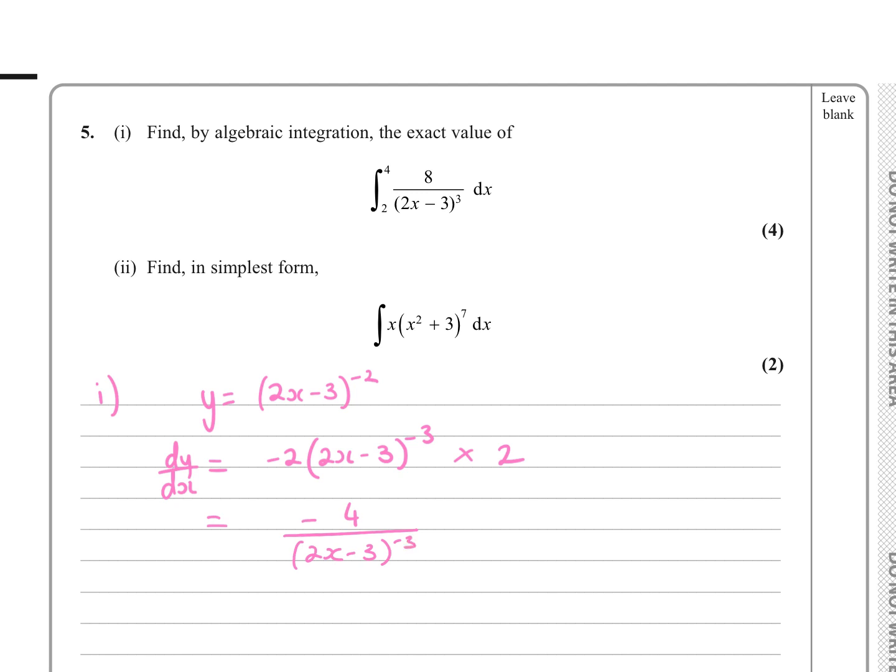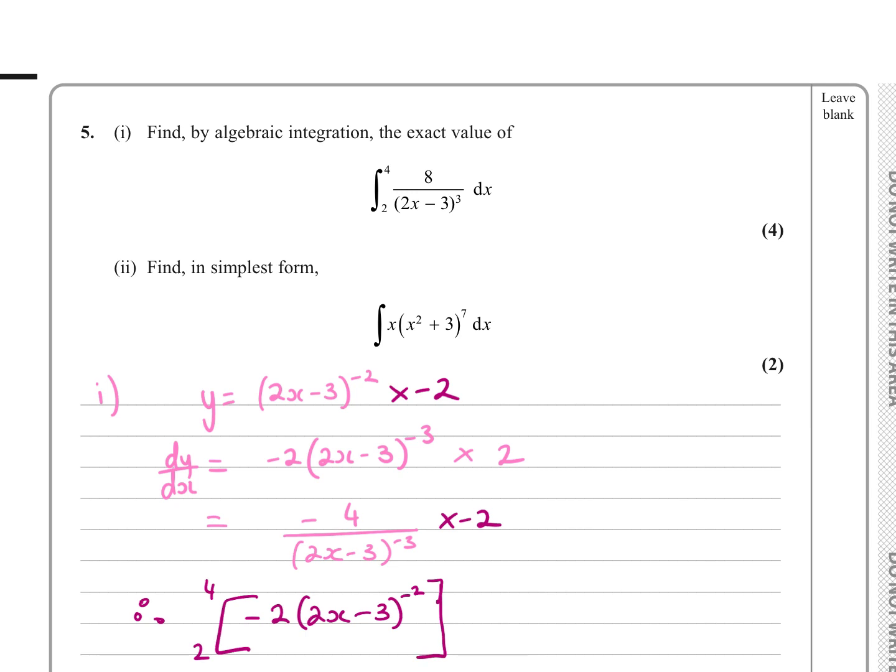However, what do we want? 8. So what do I need to multiply this by? Negative 2. So that means my original assumption needs to be negative 2 lots of this, yeah? So therefore, we now need to find between 4 and 2, negative 2 lots of 2x minus 3 to the power of minus 2.